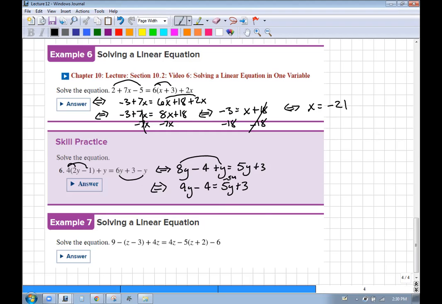We'll subtract 5y from both sides. That gives me what, 4y minus 4 equals 3. Now to get the y's alone, we'll add 4 to both sides. We got 4y is 7. Divide both sides by 4. Y is 7/4.